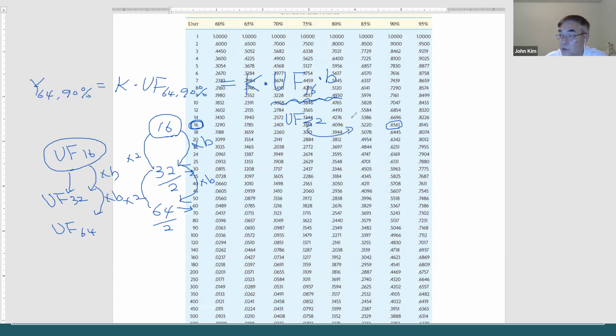Still we need unit factor 64. So one more times b, because here times b once and then twice. To get 64 using 16 and times b times b. Understood or not?